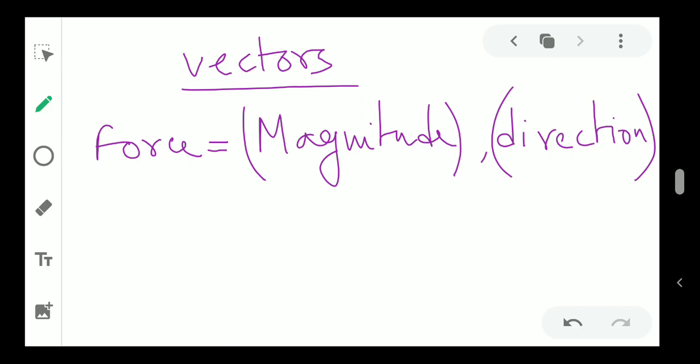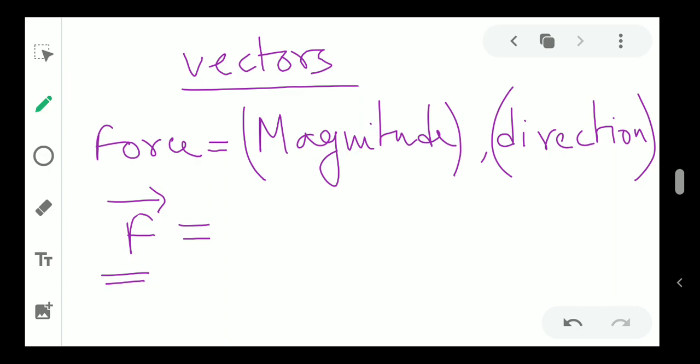So we write force like this, we give one arrow like this. This arrow means it's a vector quantity. Now this arrow you cannot give like this, or like this. You have to give this arrow like this, always towards right. This is a conventional method of doing it. So if you write anything with the arrow, that means the quantity is a vector quantity.